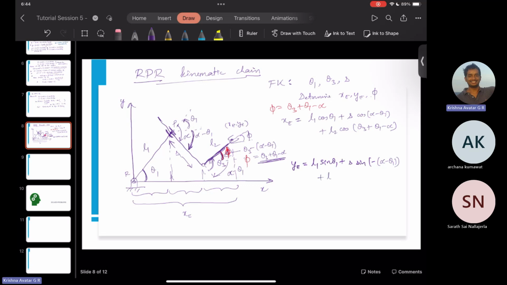Then we have plus L2 sine of theta 3 plus theta 1 minus alpha.